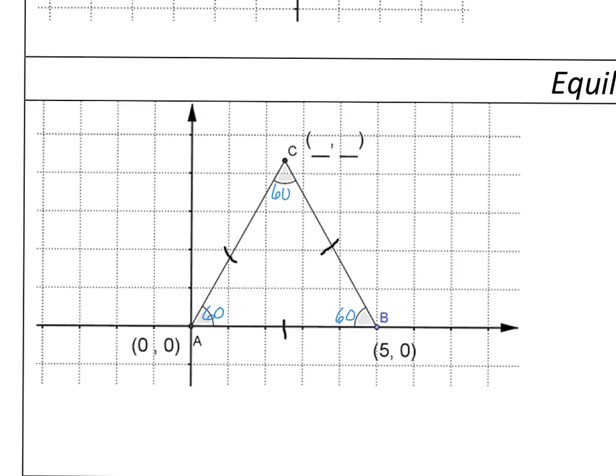Alright, let's take a look at what we have here. In one of these ordered pairs, we have listed here vertex B at 5, 0, and vertex A is at the origin, 0, 0. So hopefully you can see without too much trouble that the length of AB is 5 units long.